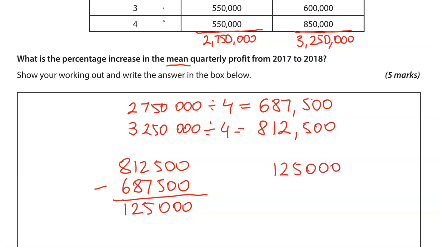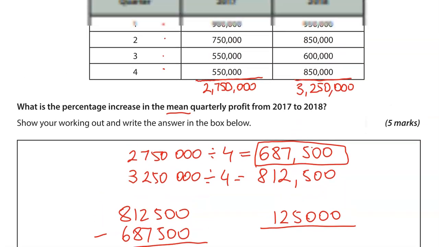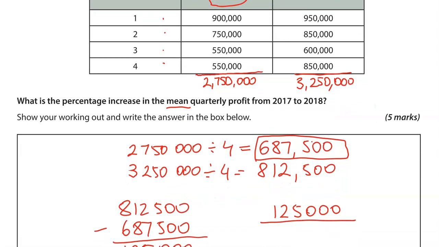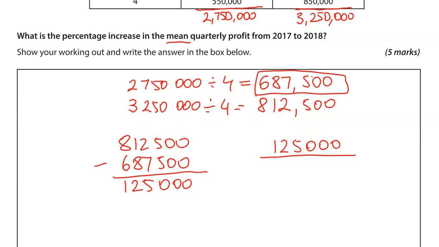So we're going to work it out as a percentage now. So that is the increase out of the original number. The original is the previous one, the one that we start with, and that's 2017 here, and it's gone then into 2018, but again that's the number we work with, 687,500.